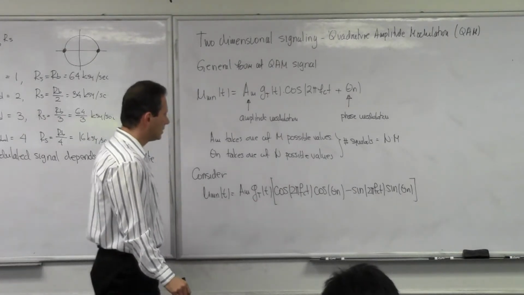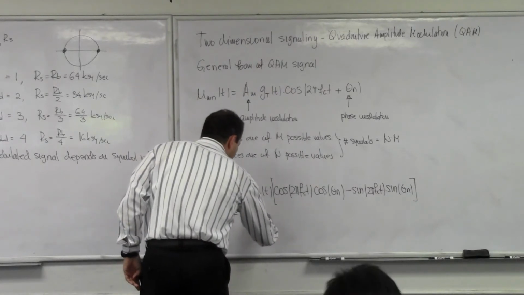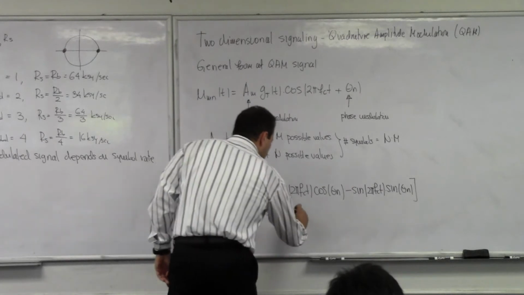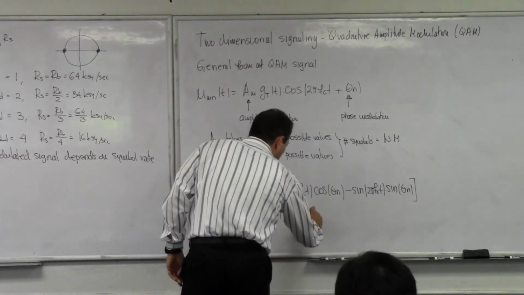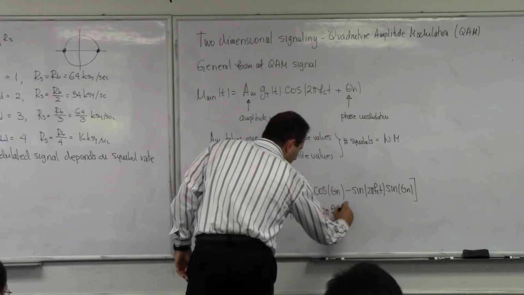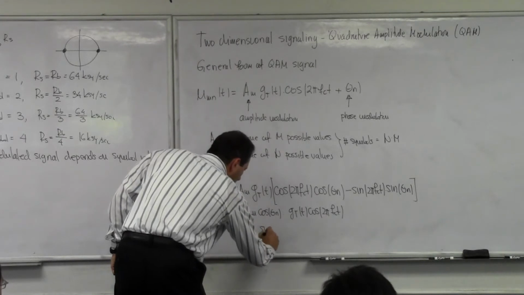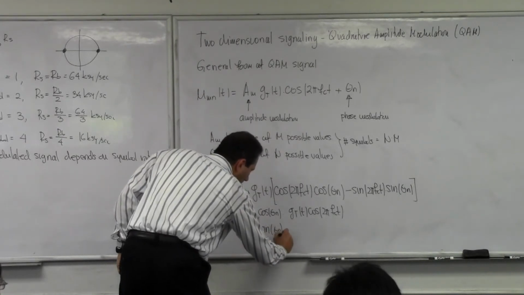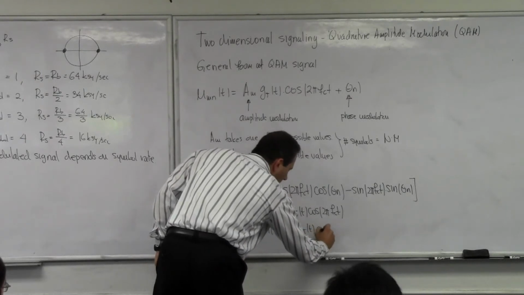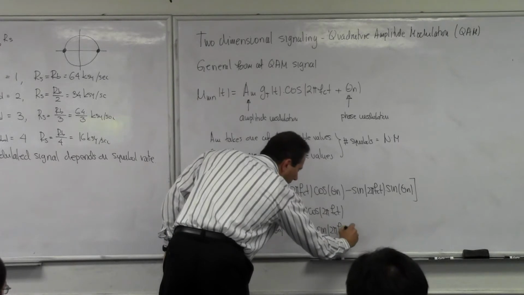But then I can look at this real hard, and I can say, well, look, this I can rewrite as a cosine of theta n times g_T of t cosine 2 pi f_c t, and then a sine of theta n times minus g_T of t sine of 2 pi f_c t.